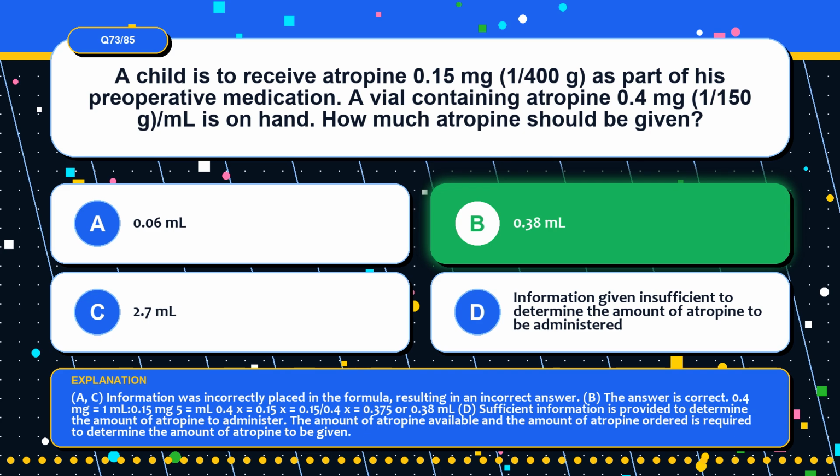B. The answer is correct. 0.4 mg equals 1 ml; 0.15 mg equals x ml. 0.4 x equals 0.15, so x equals 0.15 divided by 0.4. x equals 0.375, or 0.38 ml. Sufficient information is provided to determine the amount of atropine to administer. The amount of atropine available and the amount of atropine ordered is required to determine the amount of atropine to be given.